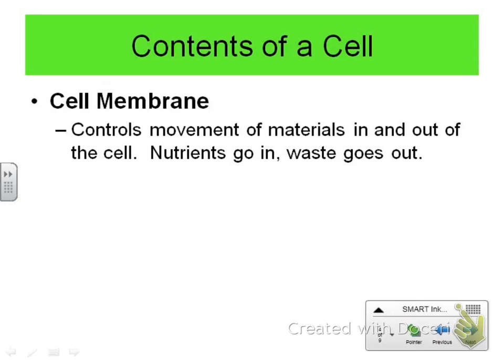Timothy, what do you think? 5. 5 contains the cell materials. No. What is it, Mason? 10 controls movement of materials in and out of the cell. Good. So G is 10.